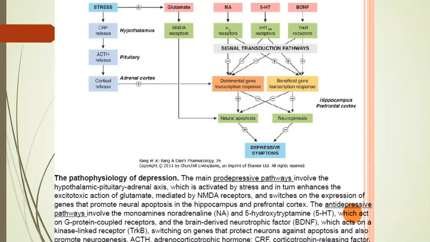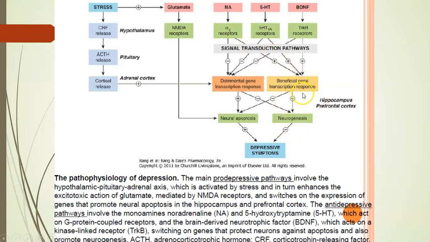So you get death of neurons. On the other hand, if you have something that stimulates the release of noradrenaline, 5-HT, or BDNF, you actually stimulate the opposite side, right?